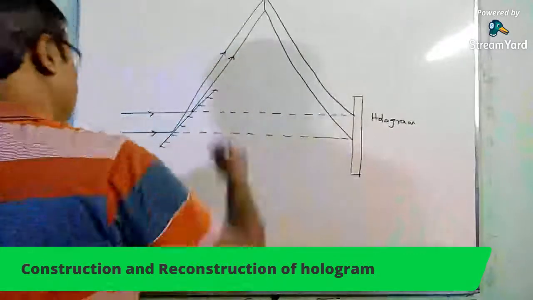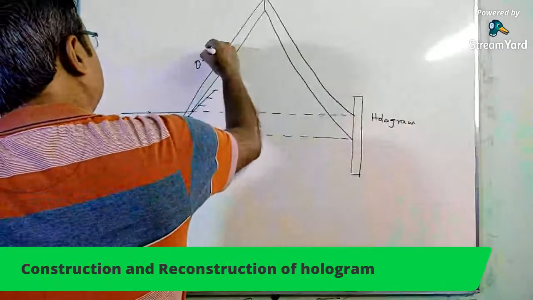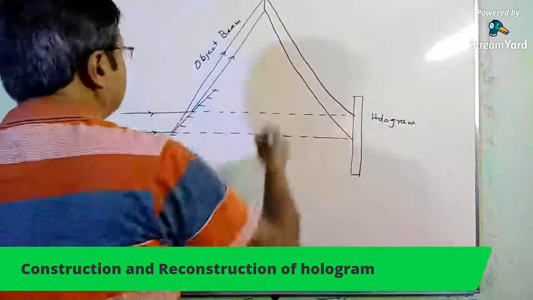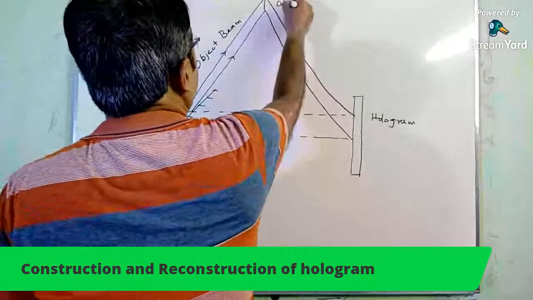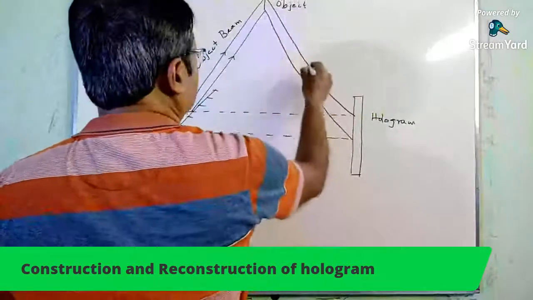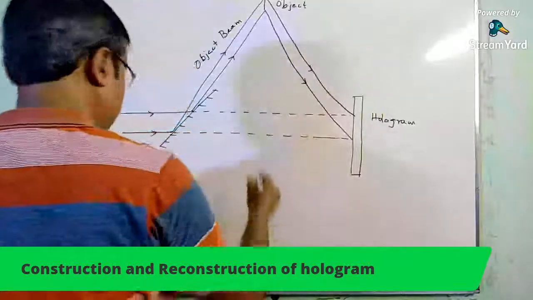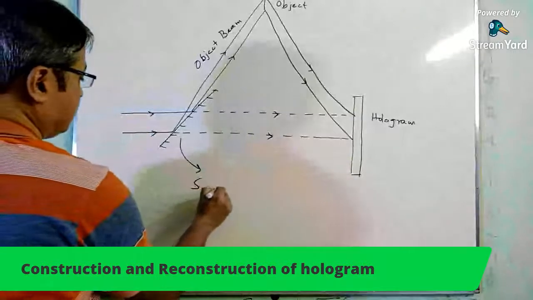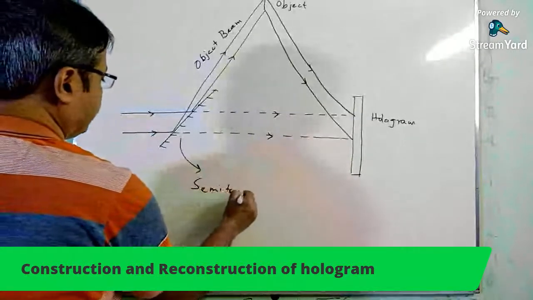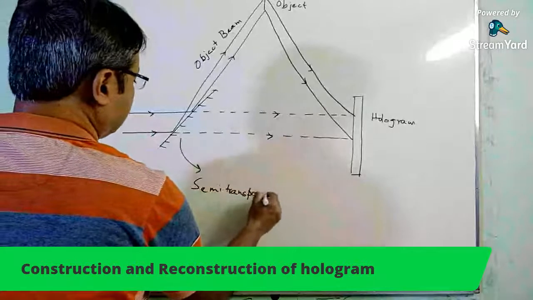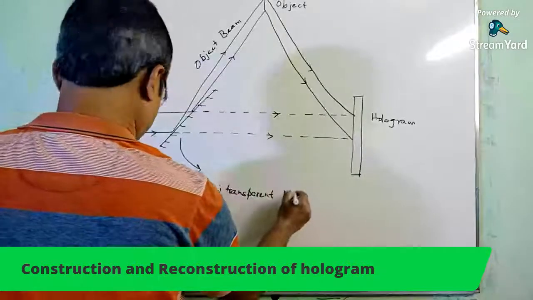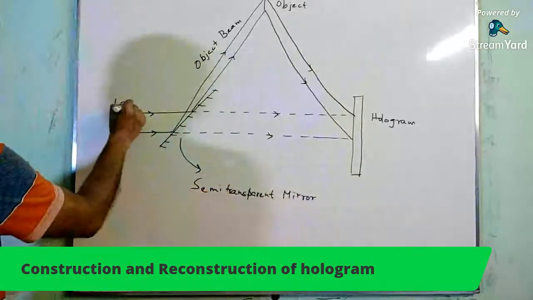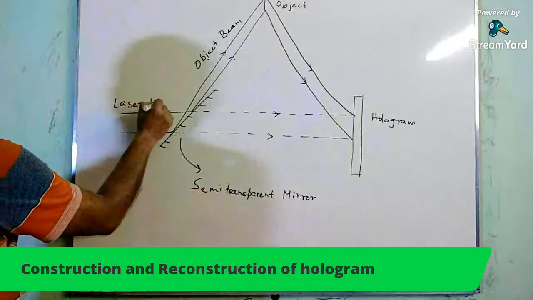This beam is known as the object beam. This is the object. This is a semi-transparent mirror, and this is the laser beam.